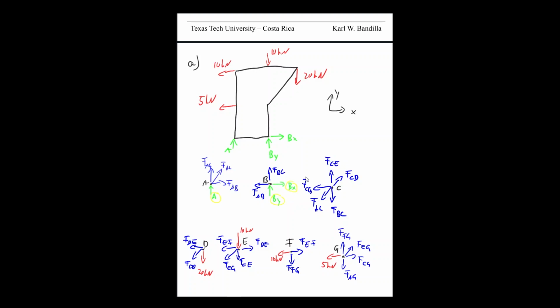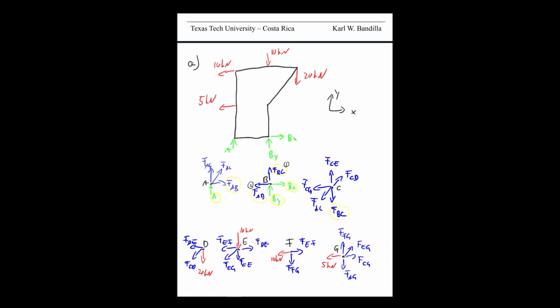So look at B, for instance. That's going to be easy, right? If I do sum of forces in the y direction, I only have one unknown in there too. So let's say 1 and 2. That would mean that I know FAD and I know FBC. So FAB is here as well, and FBC is there as well.